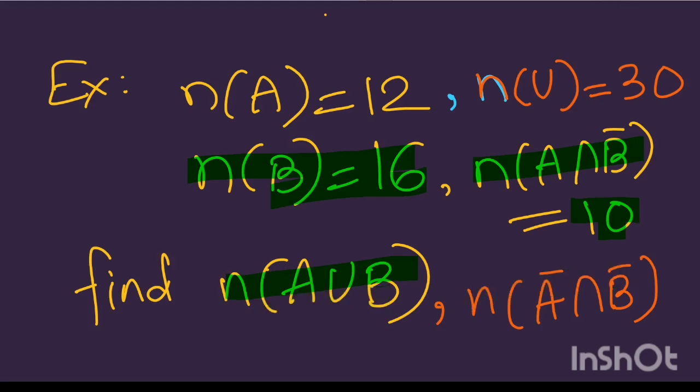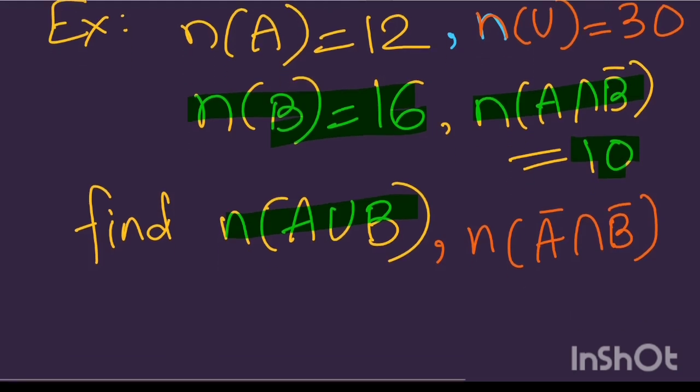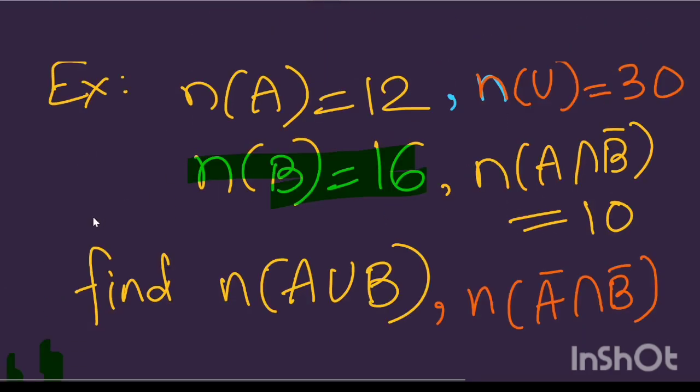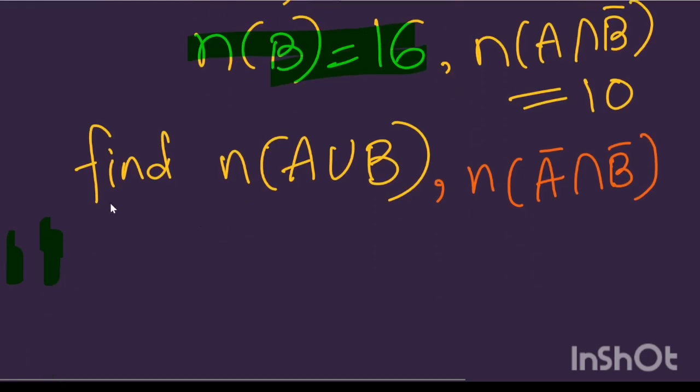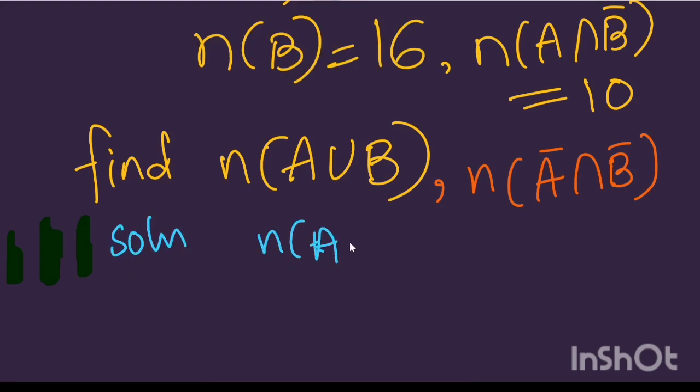So let's find n A union B first. Before that, we will use n of A intersection B bar, which equals 10.